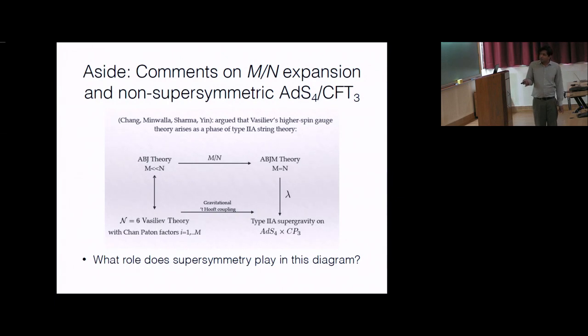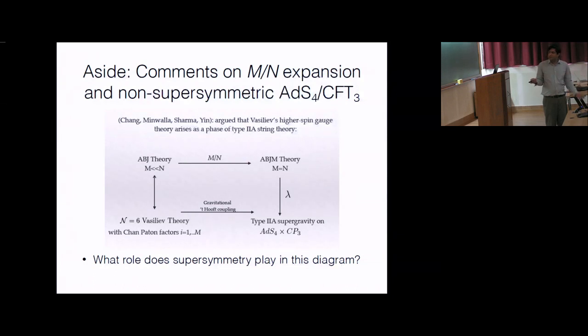Okay, but of course, what role does supersymmetry play in this diagram? For N=4 super Yang-Mills, it's conformal because of supersymmetry, as Shiraz and others pointed out. But ABJM is conformal because in Chern-Simons theory, K is an integer, so it cannot run by quantum mechanics, and all the other couplings are related to K by supersymmetry.